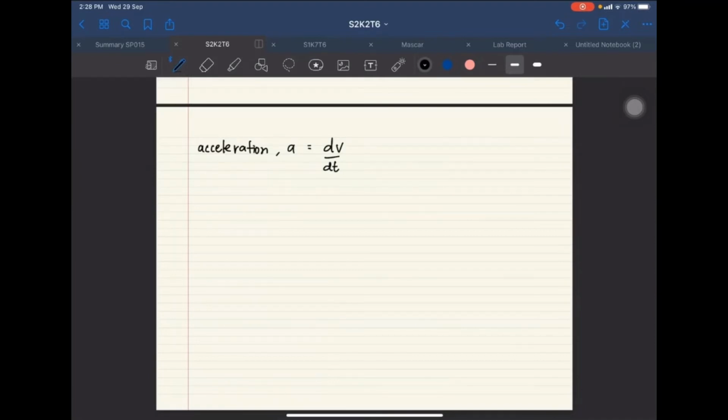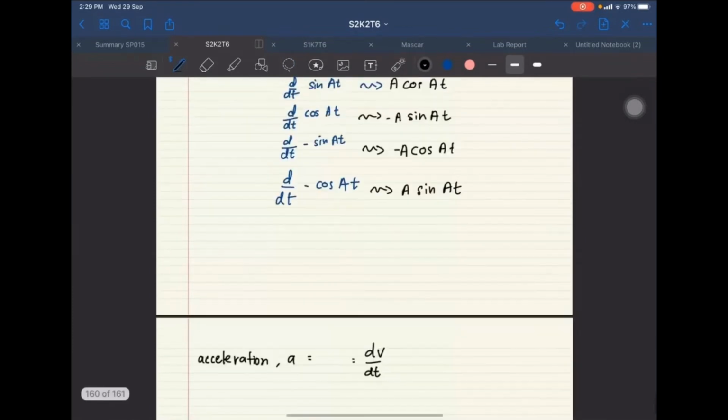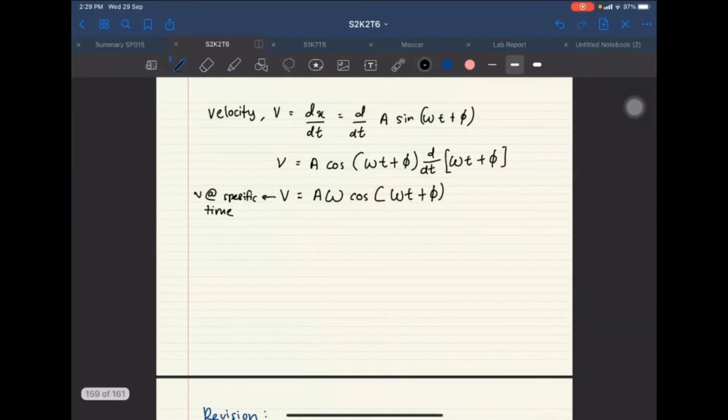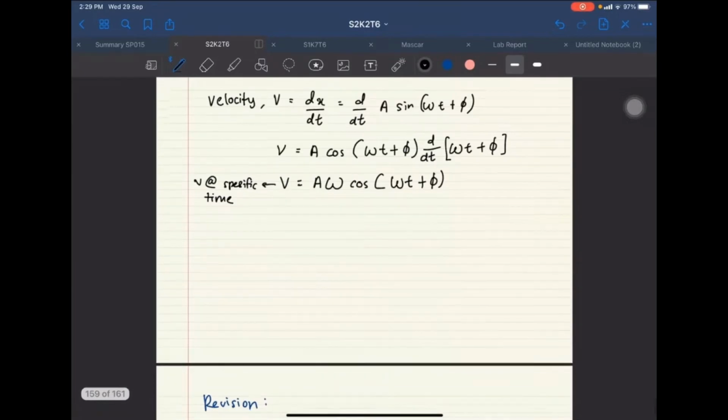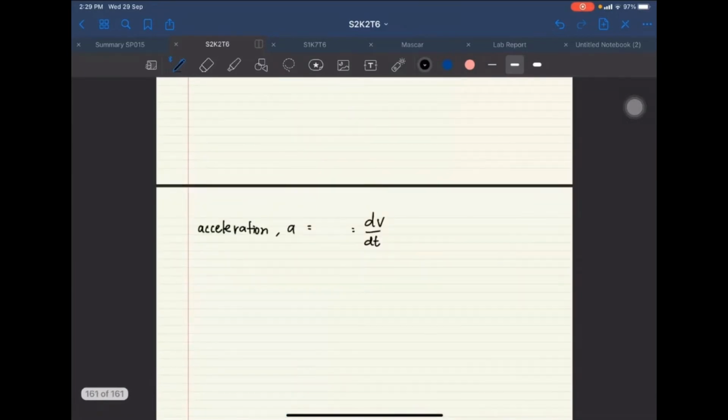Okay, you can get this one by differentiate 2 kali daripada yang asal tadi. Kalau daripada x tu, kamu kena differentiate 2 kali lah, ataupun differentiate lagi sekali daripada equation sebelum ni. So this is the previous equation, A omega tu. I'm going to write it over here. Okay, ataupun kamu differentiate yang pertama tadi 2 kali.